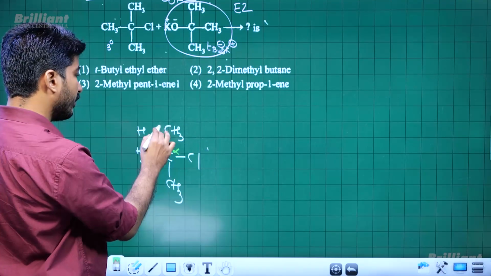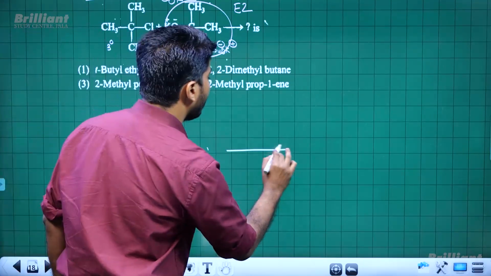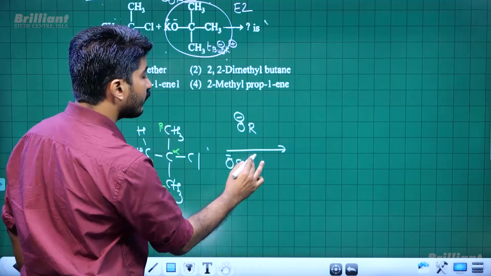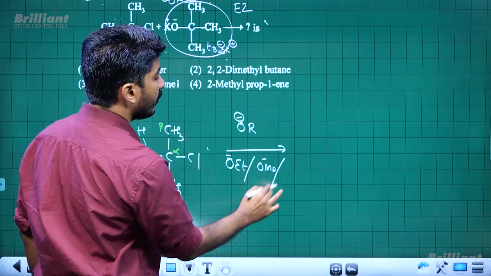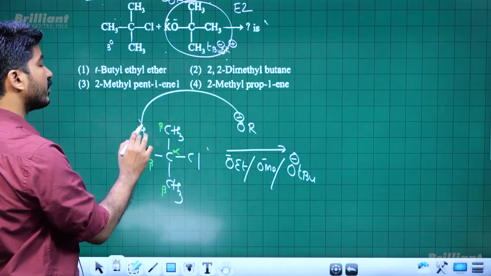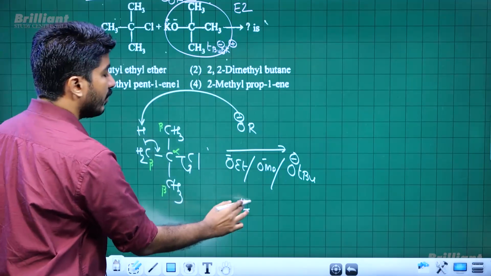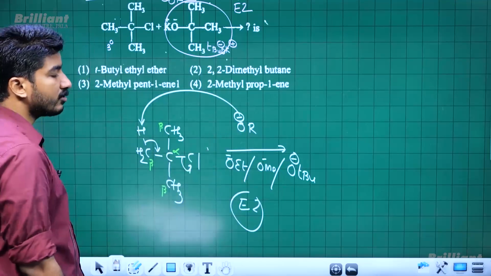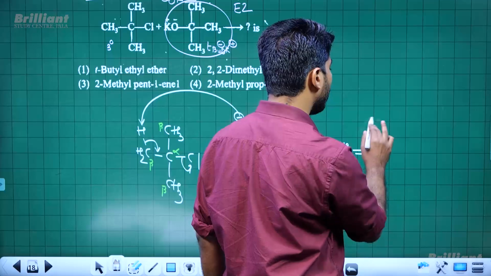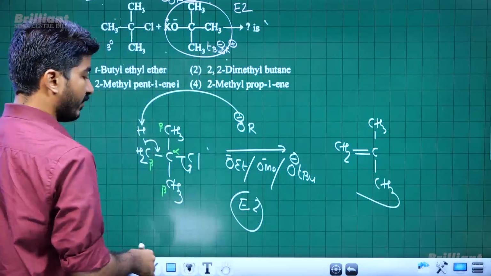This is the alpha, these are betas, all betas are equivalent. And take an alkoxide here. This could be OEt minus or OMe minus or OtBu minus. Be it any alkoxide, we get elimination as the reaction here. E2 mechanism happens because alkoxides are strong bases, and we get CH2 double bond C, CH3, CH3. That is the alkene product of elimination.